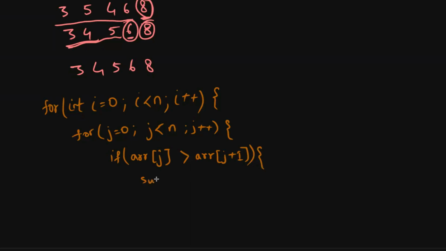Let's do a swap of the array elements at I and j. How does this swap function look like? We will see later, but this is how it is.